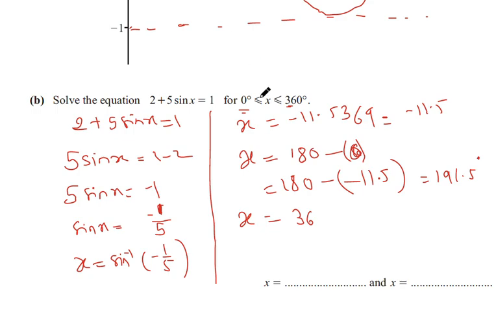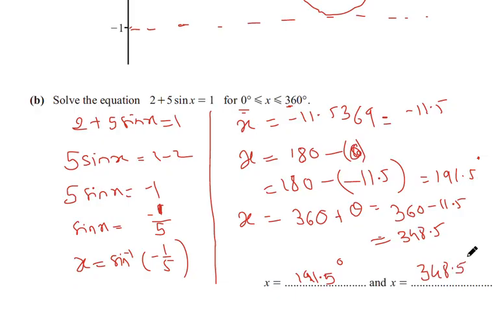So 360 plus theta is nothing but 360 minus 11.5, which is 348.5. So let us write down both values. First is 191.5 degrees, and next is 348.5 degrees.